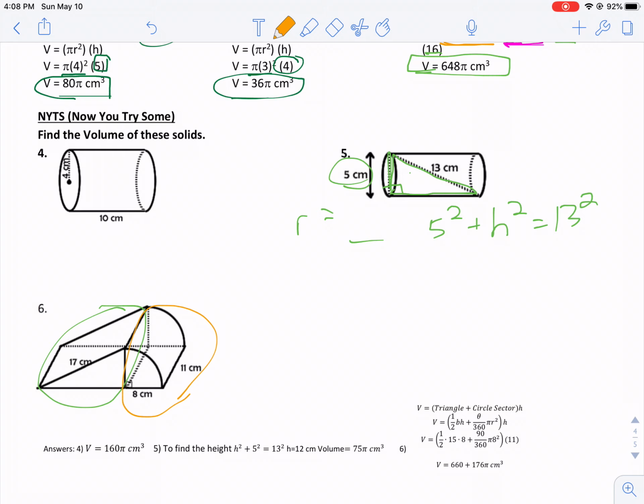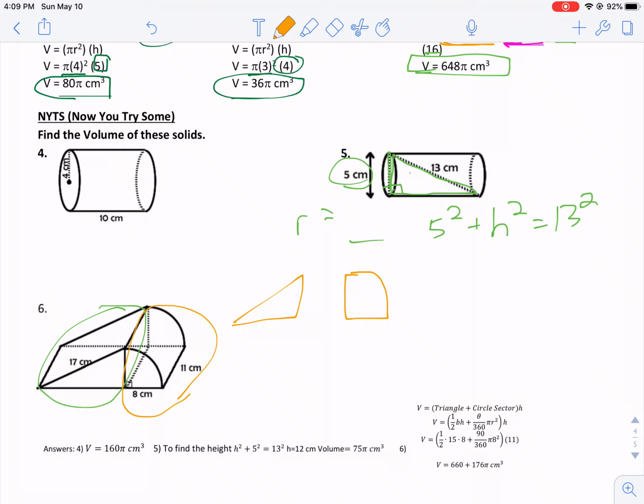So we have a quarter of a cylinder. So what we need to do for that one, well, we need the base of the triangle, and we need the area of the circle. And then we'll multiply by the height.